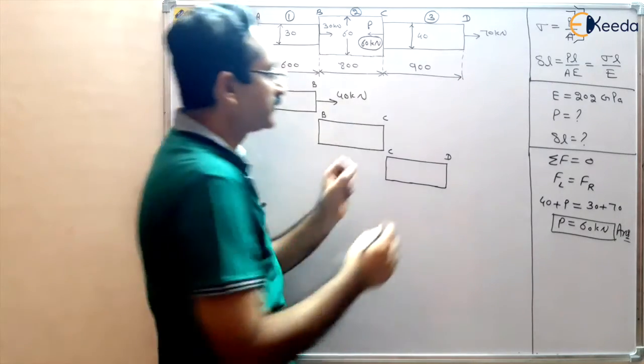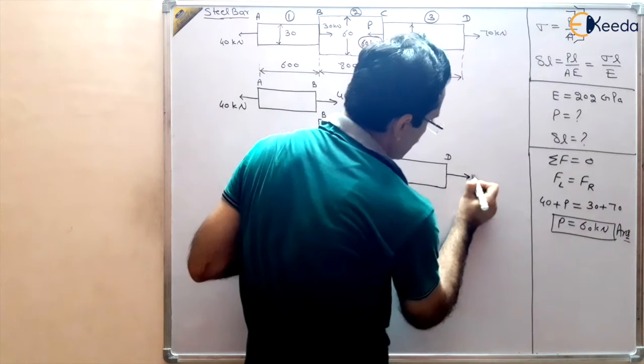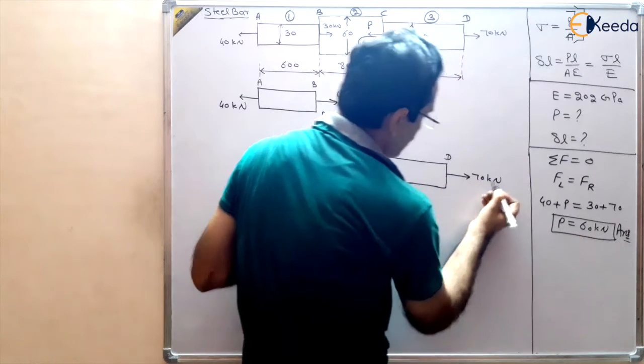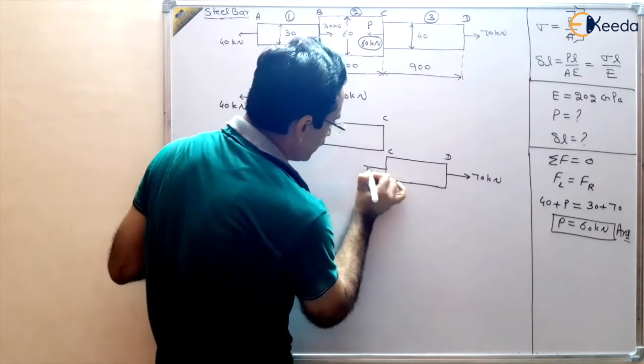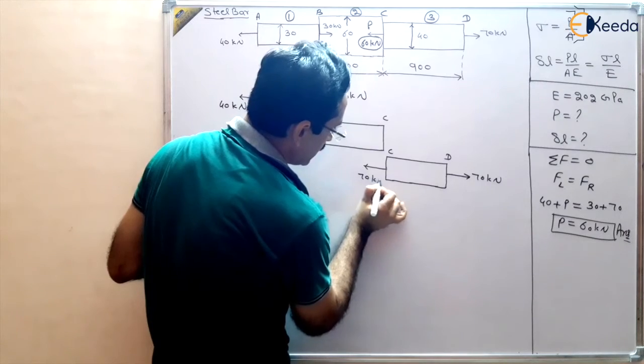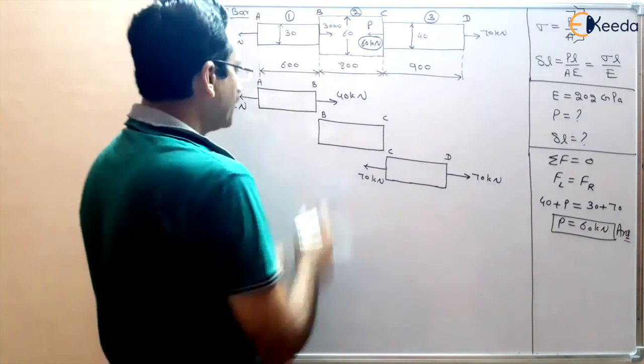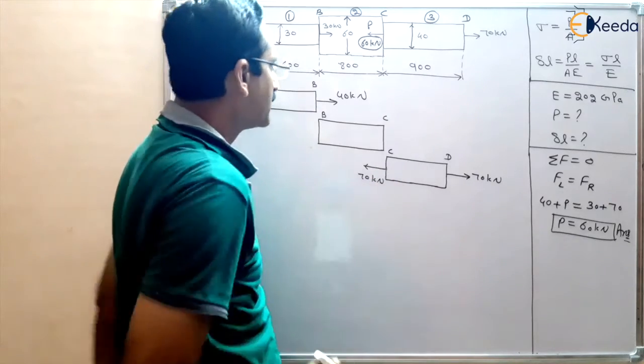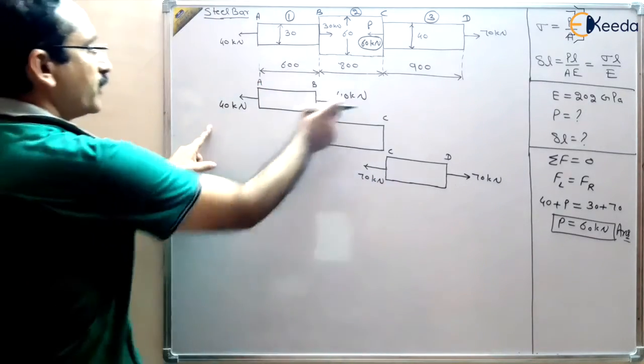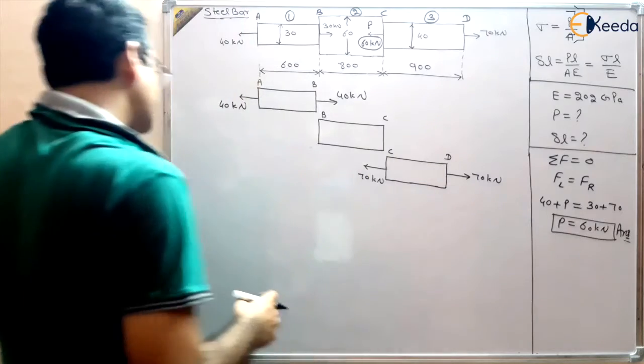Here the force is 70 kilonewton rightward. There must be 70 kilonewton leftward force, so that the body may be in static equilibrium. Because all parts of the body are in static equilibrium, AB must be in static equilibrium, CD must be in static equilibrium. So 40, 40 and 70 kilonewton tensile force is there.